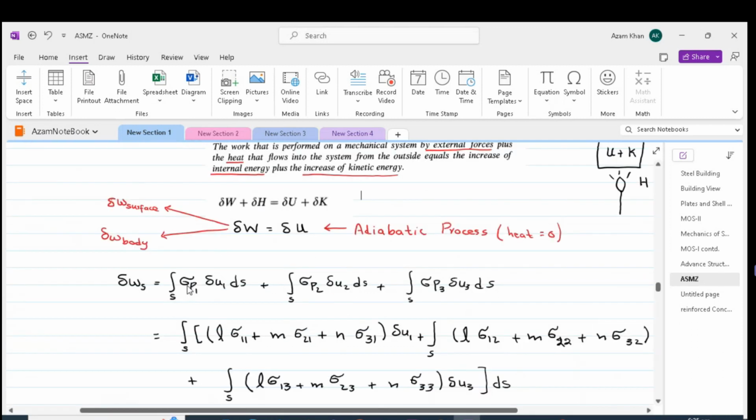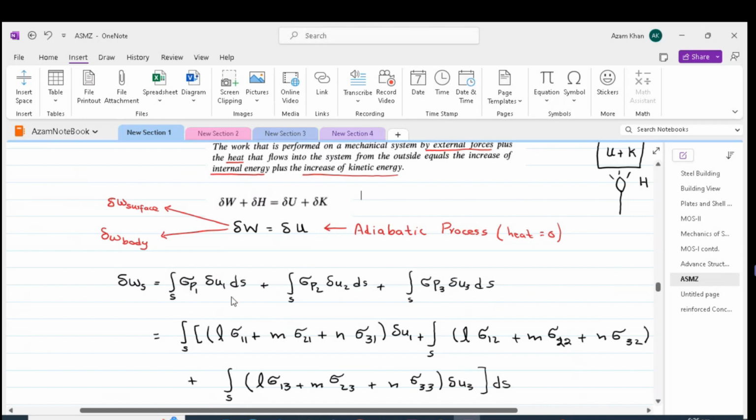Each component can be multiplied with the corresponding displacement variation. So sigma p1 is multiplied with the displacement variation in x1 direction. We take the sum of the work of this force over the surface ds. Please note that sigma p1 has the unit of stress.